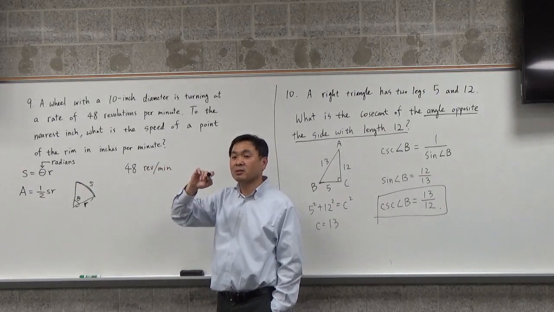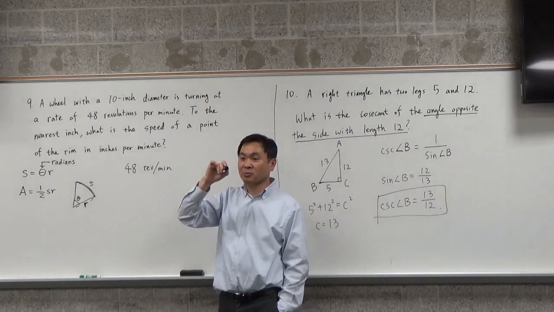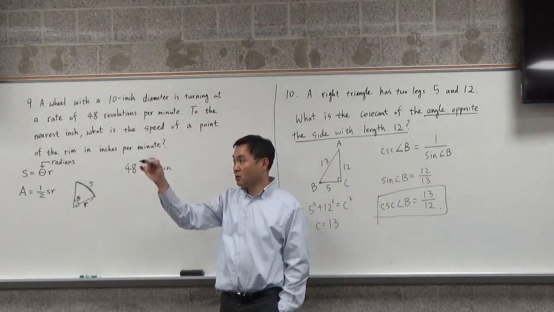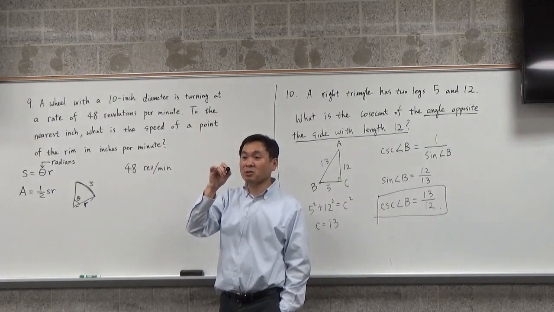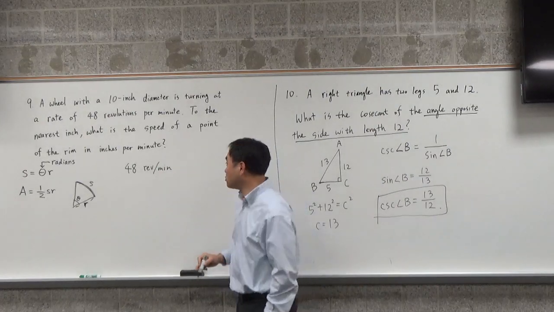2 pi. Yeah, right? If you have one full revolution, if it starts from 0 degrees and you go all the way around, that's 360 degrees. But if you use radians, this is 2 pi as radian angle, right? So the full circle is 2 pi.